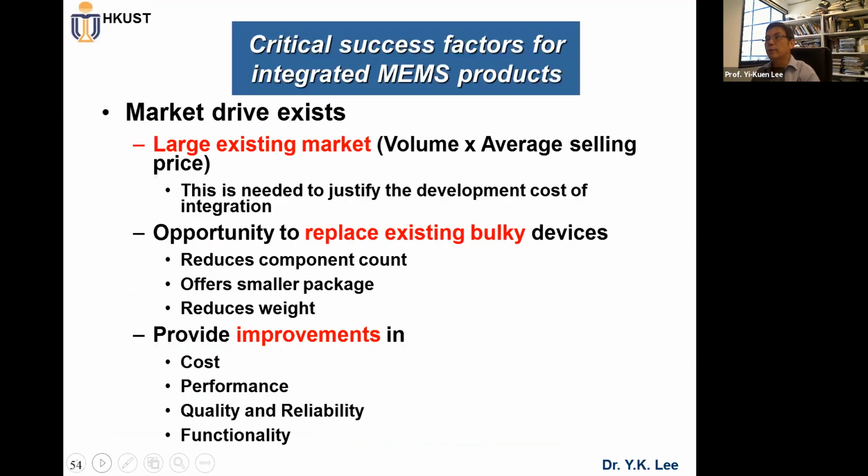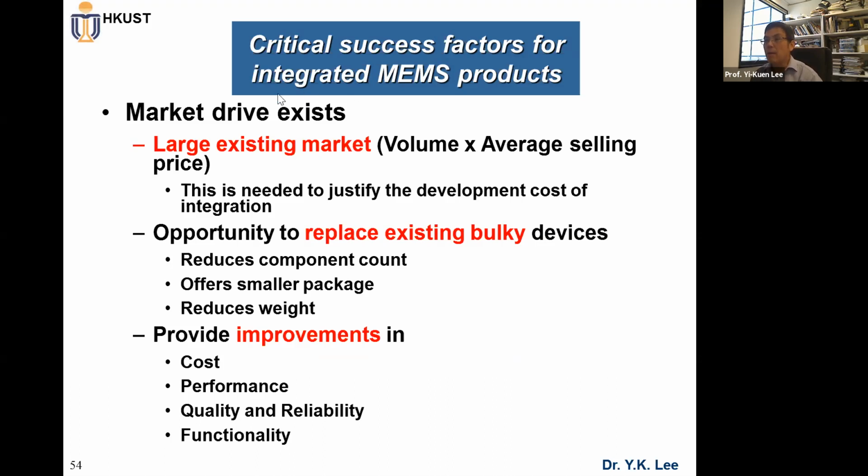And of course, in order to make a really good product, you need to think about the market. You must have a big market, and smartphone is a big market. If you are able to design and make a good sensor for smartphone, it's a $1 billion business. It's not small at all.